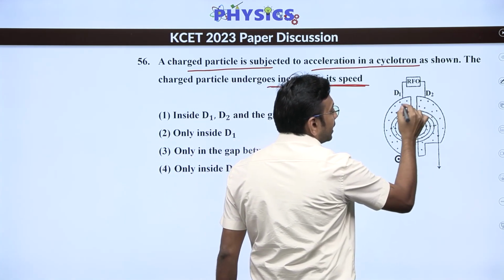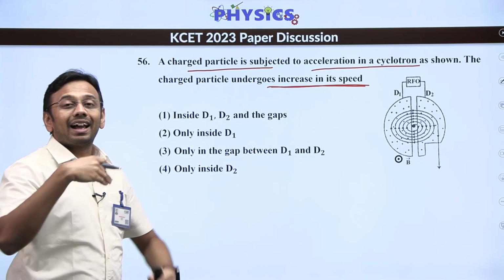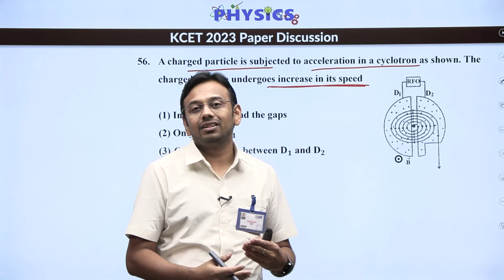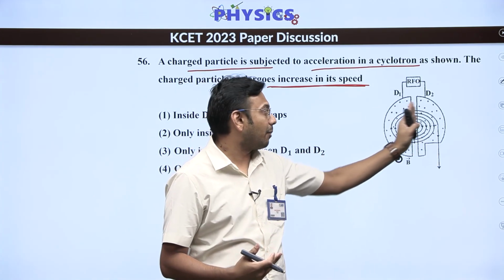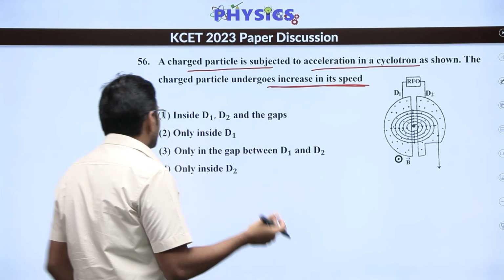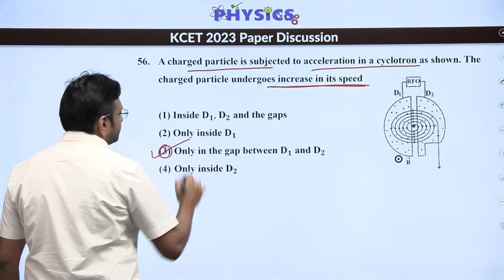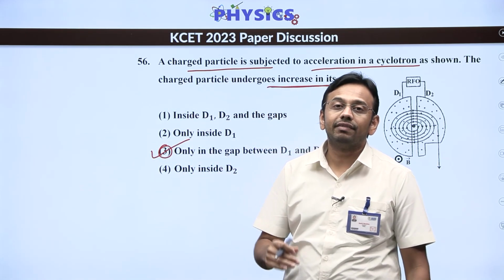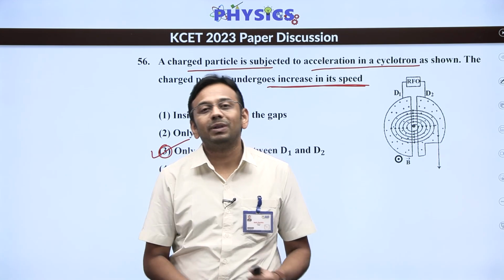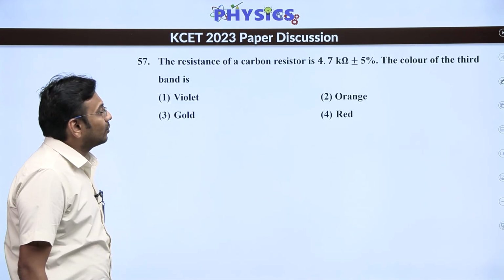In this region, there is an oscillating electric field, and that is what accelerates the charge and increases its speed in this gap in between the two D's. Therefore, this is a direct conceptual question. Only in the gap between the D's, D1 and D2, there will be an electric field which then increases the speed of the charged particle. Alright. Let's take the next question.